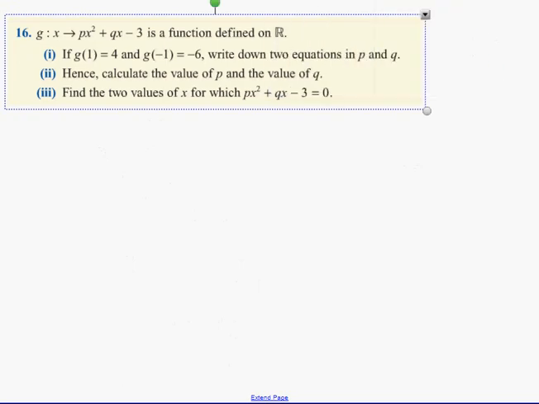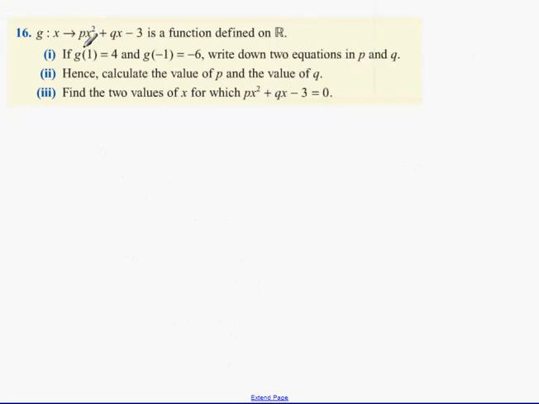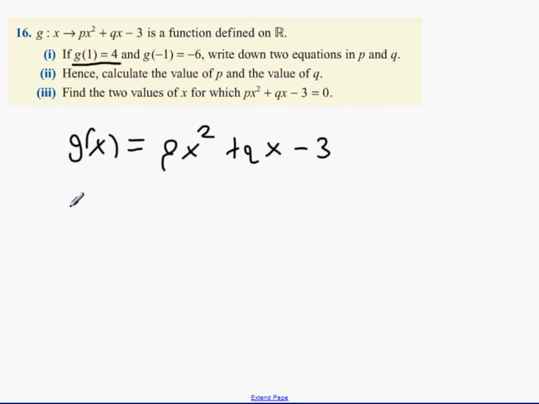Try this one out. g(x) equals px squared plus qx minus 3. So g(x) is equal to this here. Now, guys, you're in an exam. You find this tough. You just want to get marks on the board here. Any idea how you get marks on the board from looking at this?